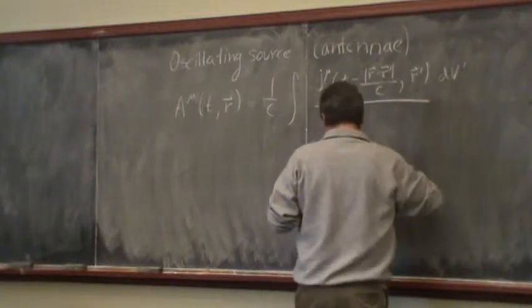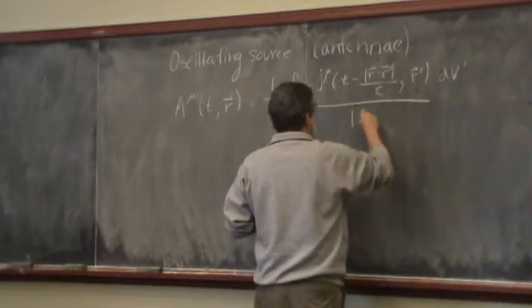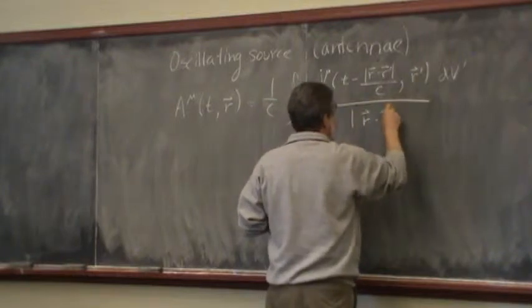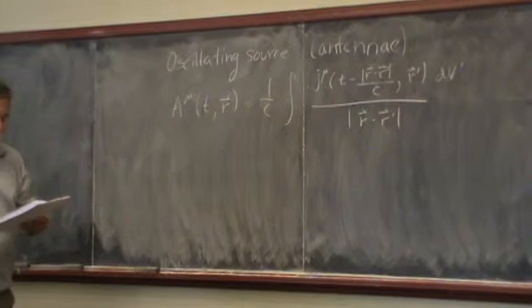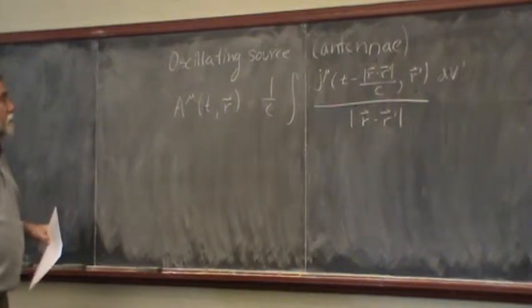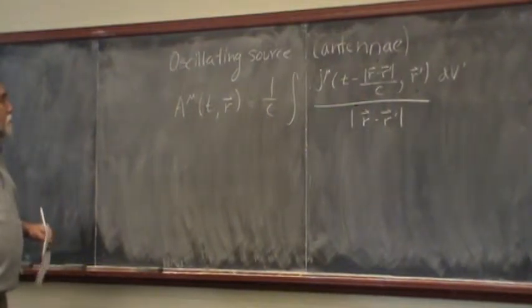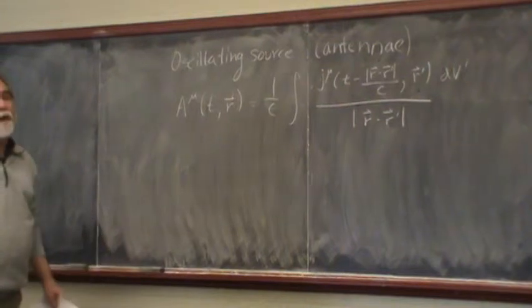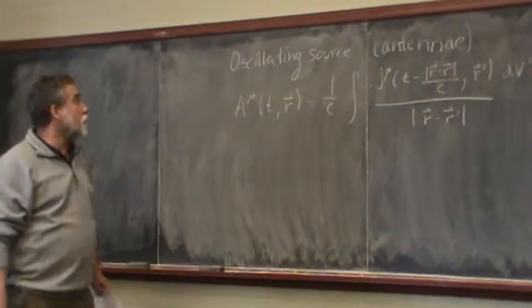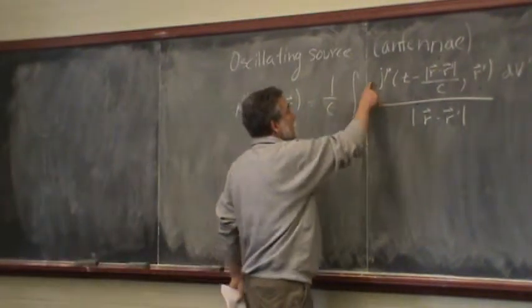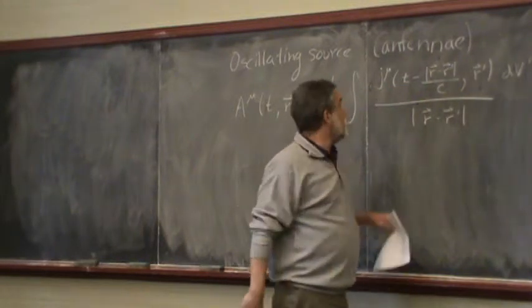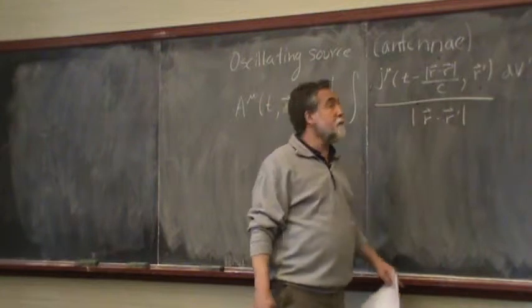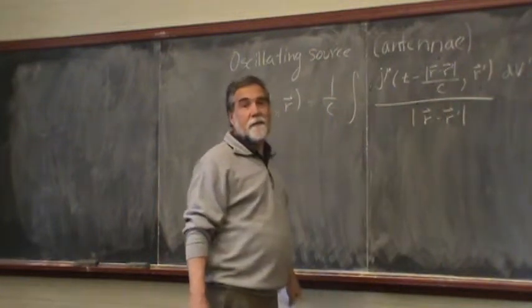And then the field's going to drop off as the distance, right? This is the way you could always do the calculation. If you know the currents as a function of time at every point in some space, you just go ahead and do the integral, and you're done.